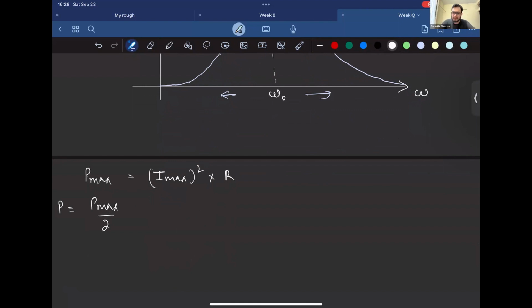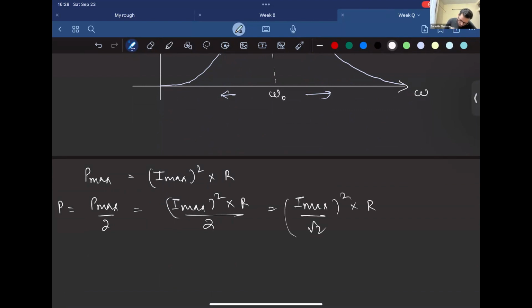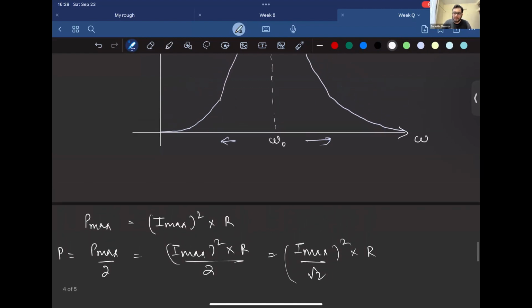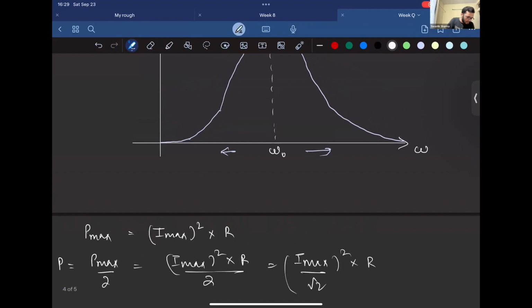Can you tell me what would be the value of current when P max will be half, Renessa? So if we can write it like this, into R by 2, we can take 2 inside, which would be I max by root 2 whole square into R. So at 1 by root 2 times I max, which is 0.707, right?